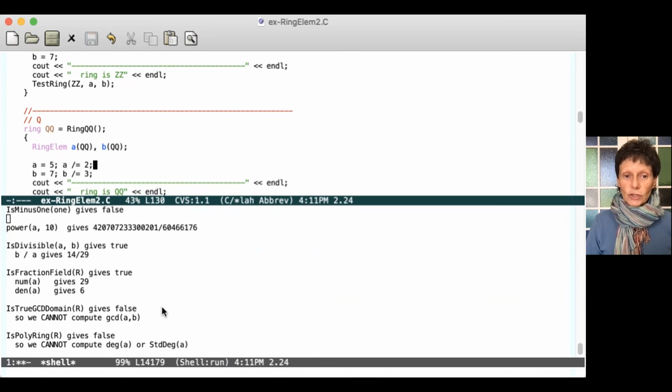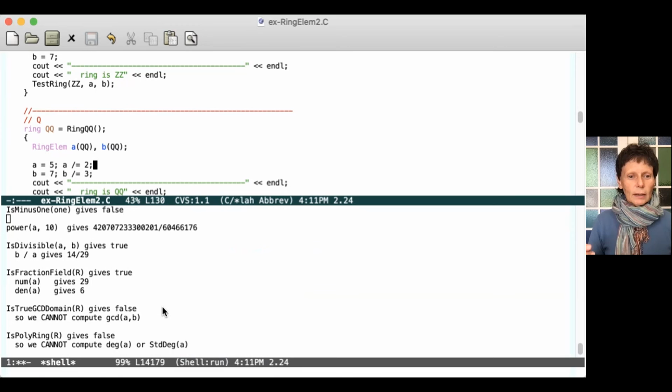It is not a true GCD domain. It is one of those questions we asked yesterday. Can we do it or cannot we? Should we give an error? So if I asked if I can compute the GCD over the rationals, we can always return 1, but what's the point?